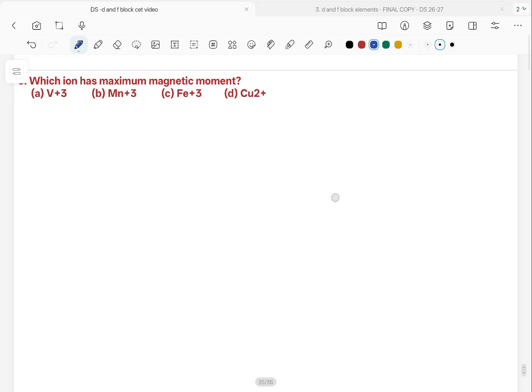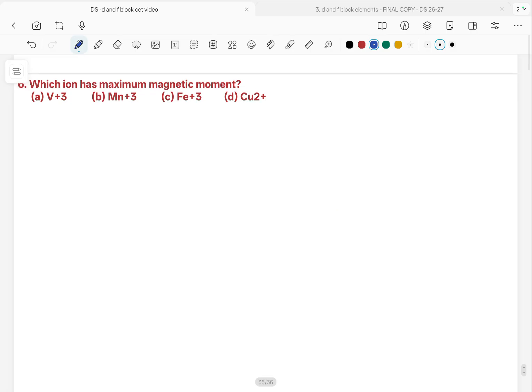The question is, which ion has maximum magnetic moment? Magnetic moment is directly proportional to the number of unpaired d electrons.